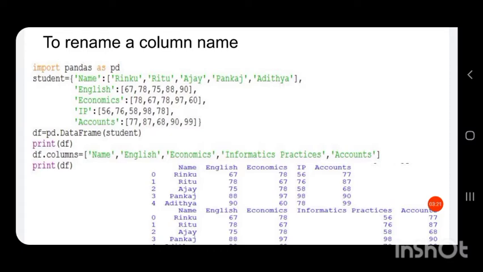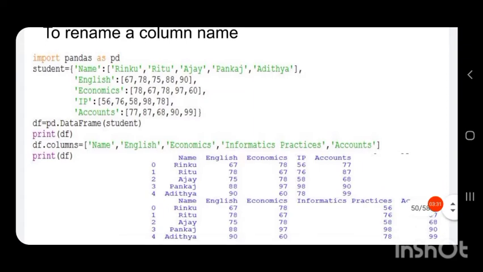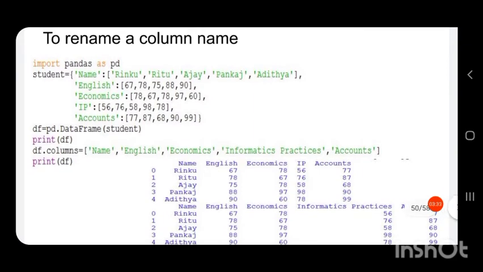So values are in the form of lists, and student is a dictionary. We can convert this dictionary into a data frame by using the DataFrame function. So we have converted it into a data frame df. df is equal to pd dot DataFrame student.